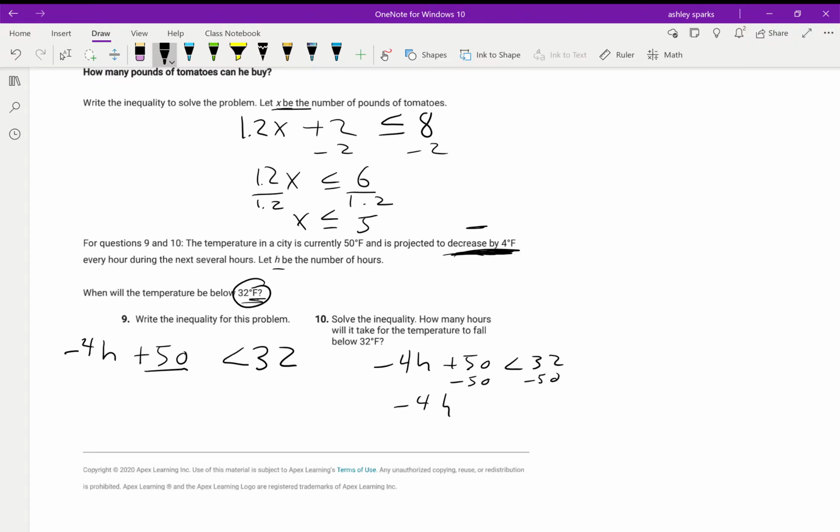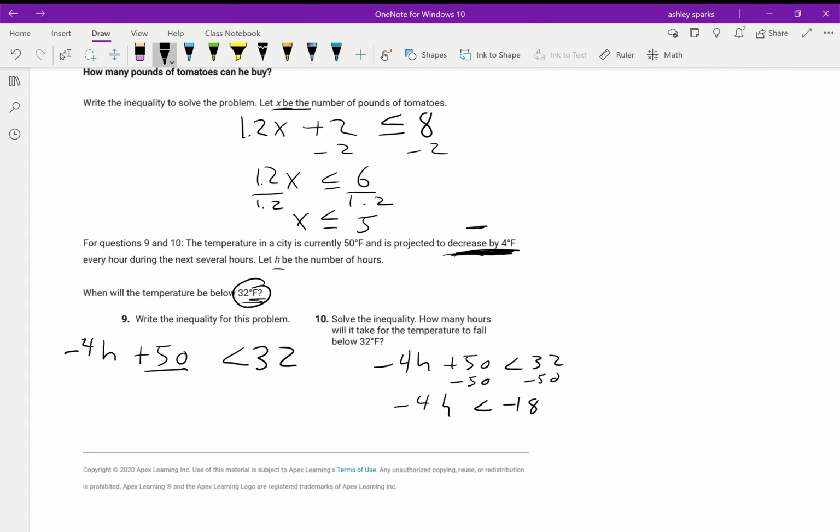And I'm going to do 32 minus 50, which I believe, just to double check, yes, is negative 18. Negative 50 is negative, but remember, that's still subtraction. It's not till I get to the multiplication or division step that that begins to matter.